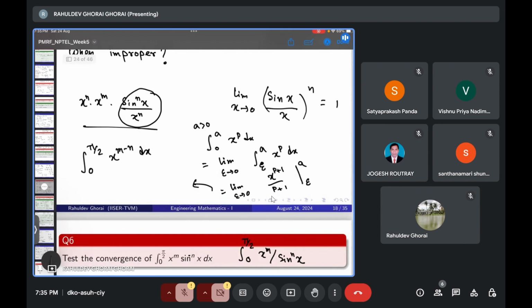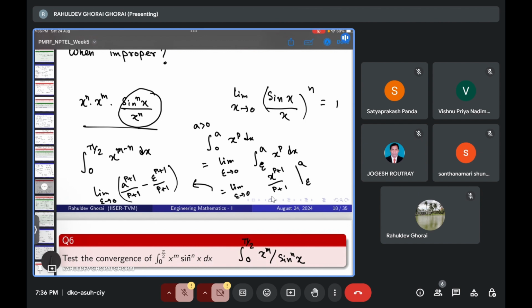I am writing here the limit as epsilon tends to 0 of a to the power p plus 1 over p plus 1 minus epsilon to the power p plus 1 over p plus 1. It's correct, right? This one.